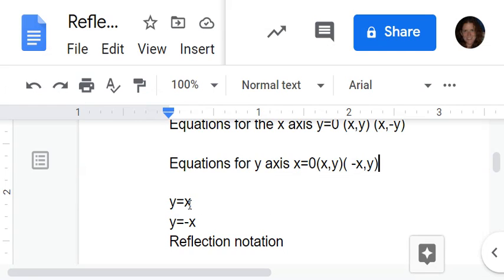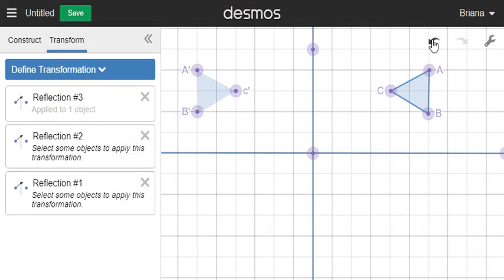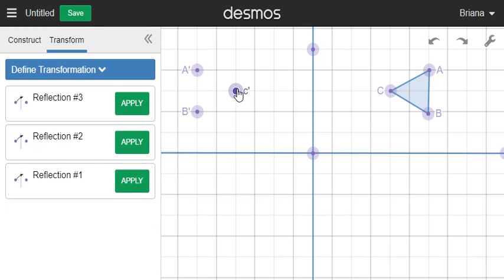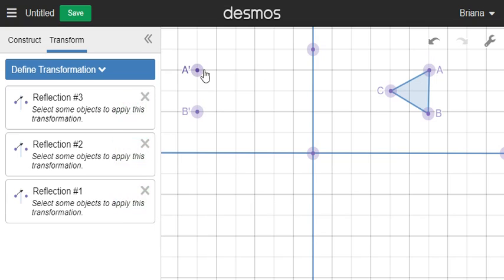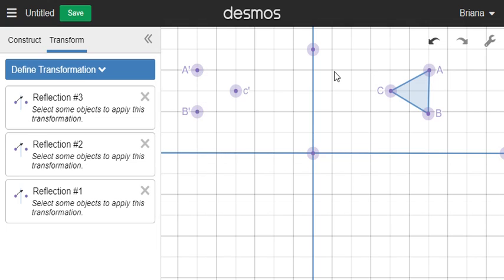Next, we're going to talk about y equals x. This formula goes from x comma y to y comma x, so they're flipped. Let's undo this and draw in the line as well.